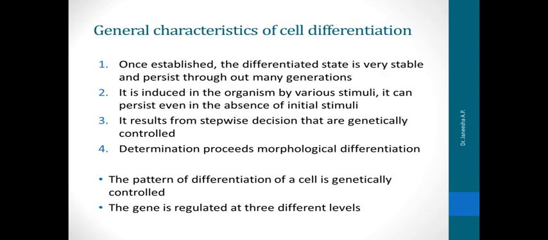So what are the characteristics of cell differentiation? Once a cell is differentiated, it is very stable and persists throughout many generations. That's the first characteristic. It is induced in the organism by various stimuli, but it can persist even in the absence of the initial stimuli.